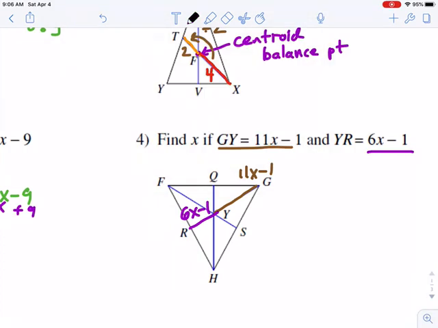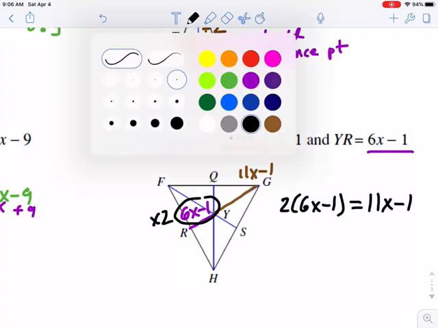Now what I like to do is I always like to take the smaller one and multiply it by 2. Why? If we divided the bigger stuff by 2, which we could, you'd run into some fractions, maybe some decimals, it just gets a little uglier. So I'm just going to take the smaller side, multiply it by 2, and set it equal to the bigger side.